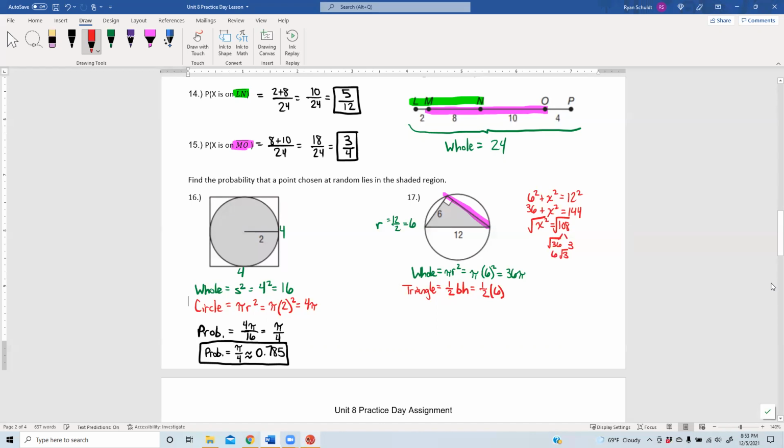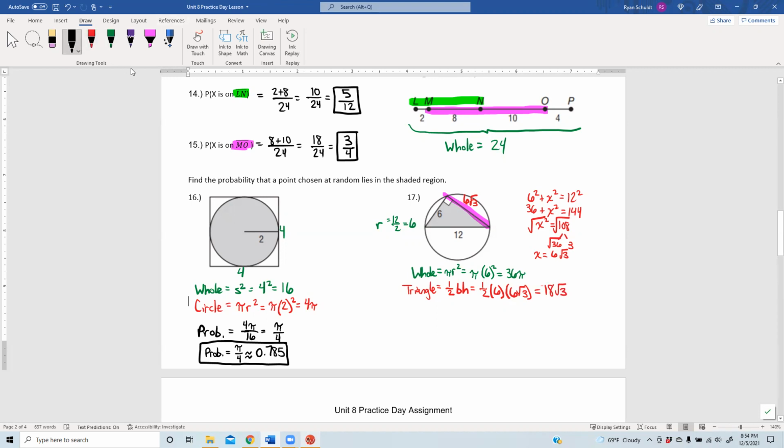So it's going to be 6 square roots of 3. That's going to be our other piece right here. Okay, so 1/2 of 6 is 3. 3 times 6 is 18. So 18 square roots of 3 is the area of my triangle.